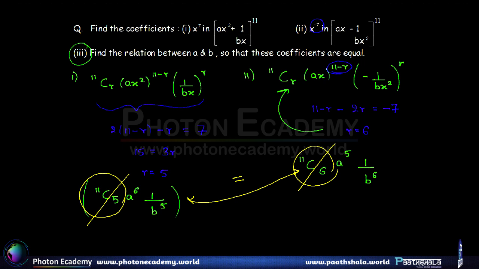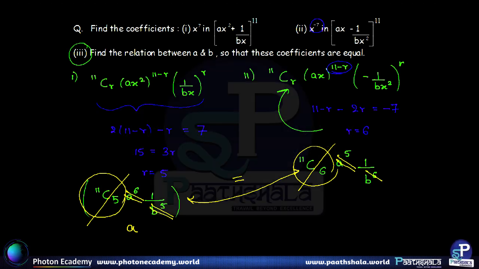Then a raised to 5 will cancel out a raised to 5, and we are left with just a. 1 upon b raised to 5 will cancel out 1 upon b raised to 5, and we are left with b. So basically after everything we are left with ab is equal to 1. So this is the relation between a and b.